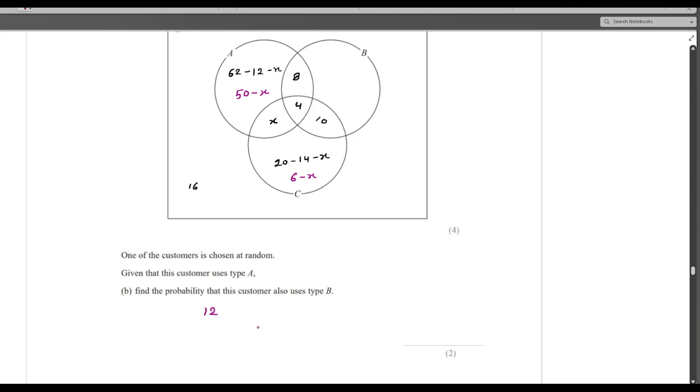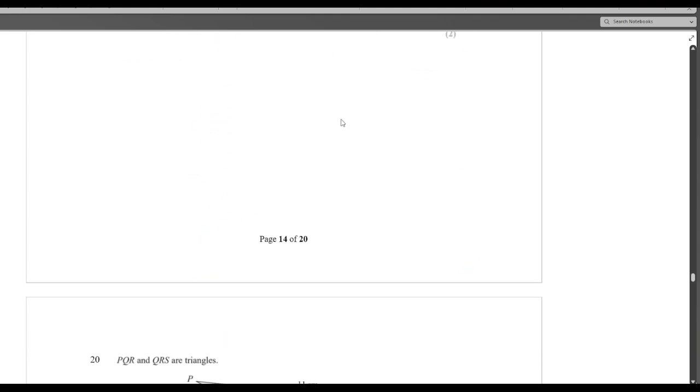So I will say that 12 divided by 62 is my required probability. If I simplify it, it is 6 divided by 31. So 6 divided by 31 is your answer.